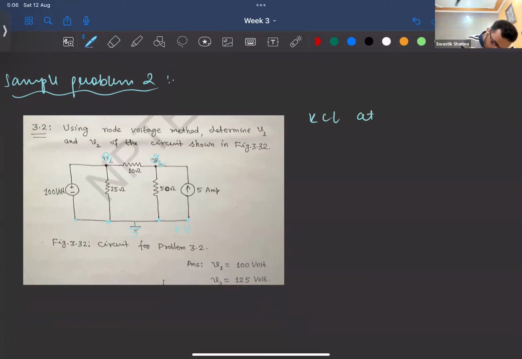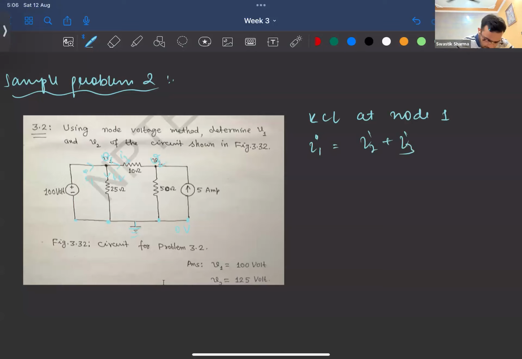So KCL at node 1, what would it be? This is one current coming, I2, I3. It will be nothing but I1 equals I2 plus I3, right?